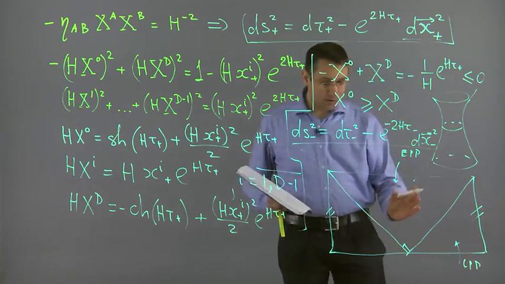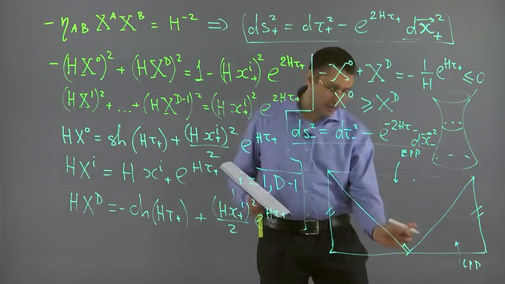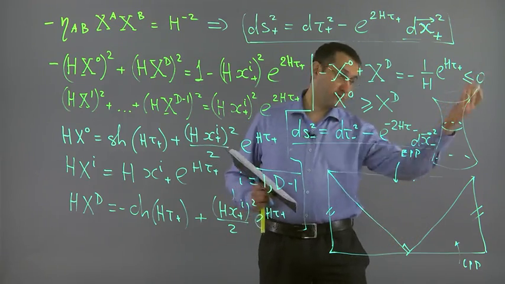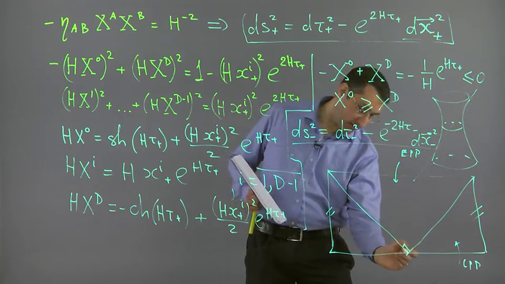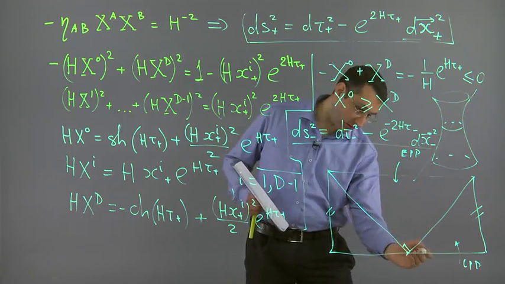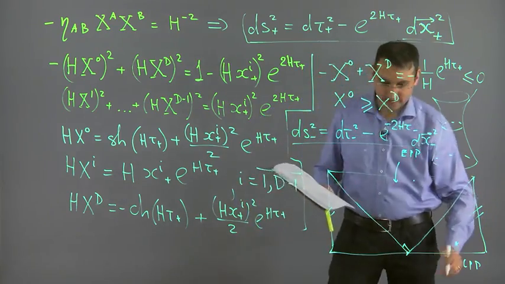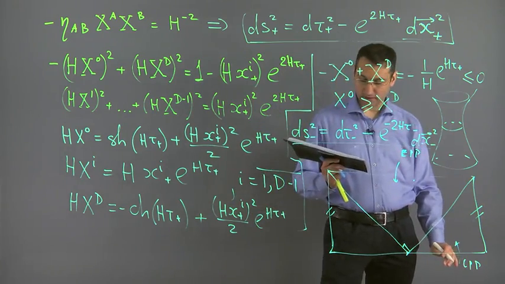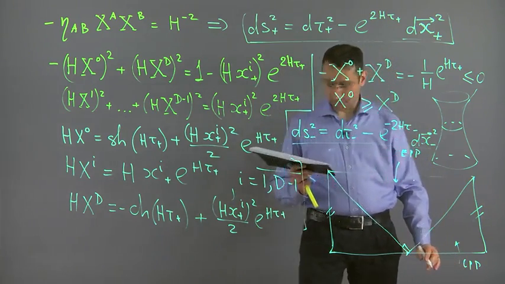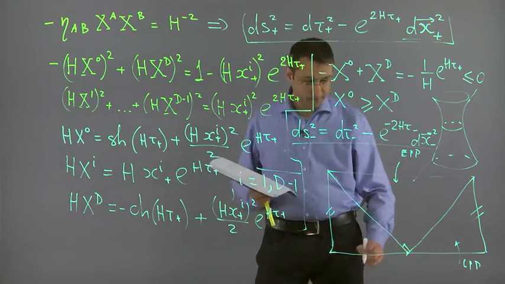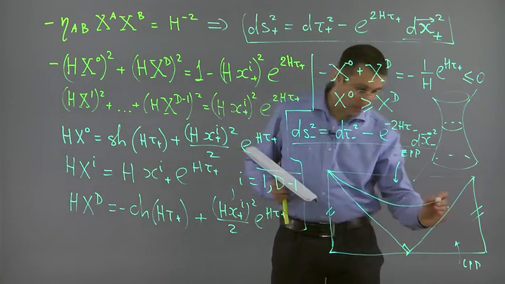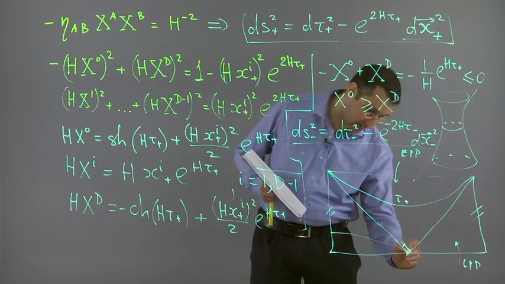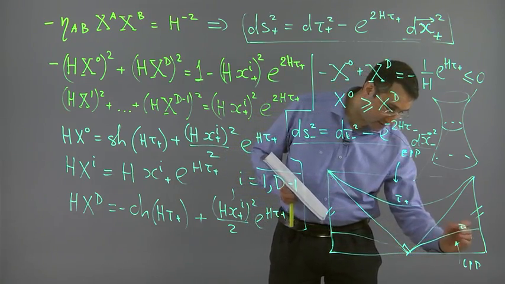And in fact, we can cut out different expanding and contracting patches from de Sitter space by different choices of this plane, because the apex of this angle we can choose here, and this will be more or less the same situation, equivalent to what we are discussing here. And one can see that constant tau plus slices are just this kind of lines, and constant tau minus slices are these lines.